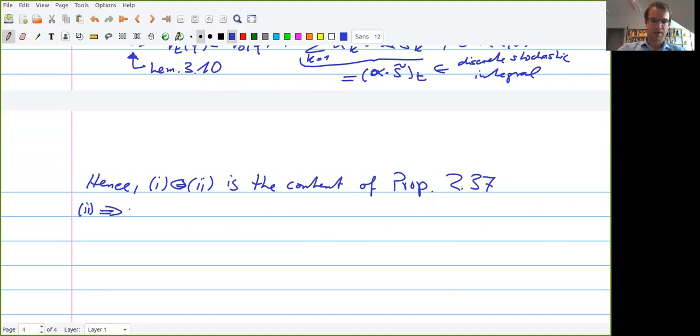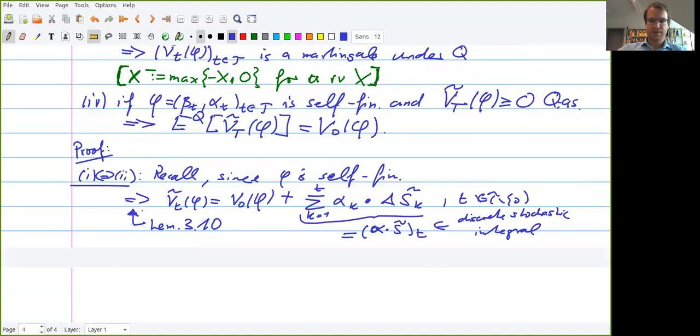We make a circle argument. So next we want to prove that I implies III. What does this mean?